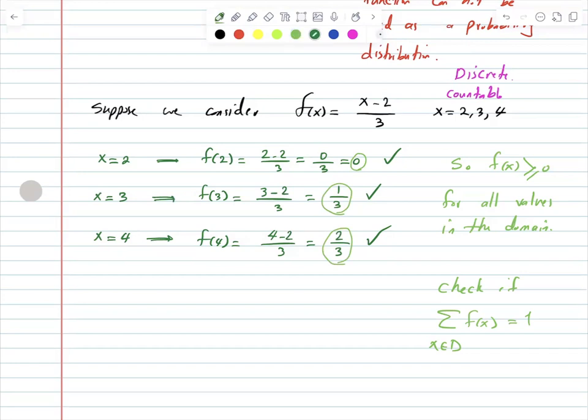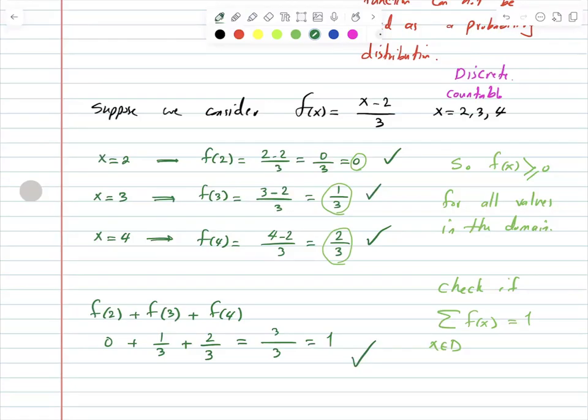So let's check this. 0, which is f of 2, plus f of 3, which is a third, plus f of 4, which is 2/3. Basically, you can see that it is 3 divided by 3, or 1, or 100%. So all conditions are met, and we found a function that can serve as a probability distribution.